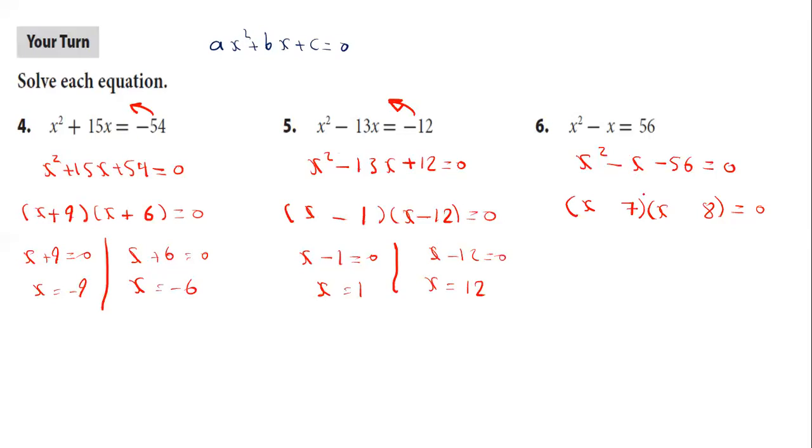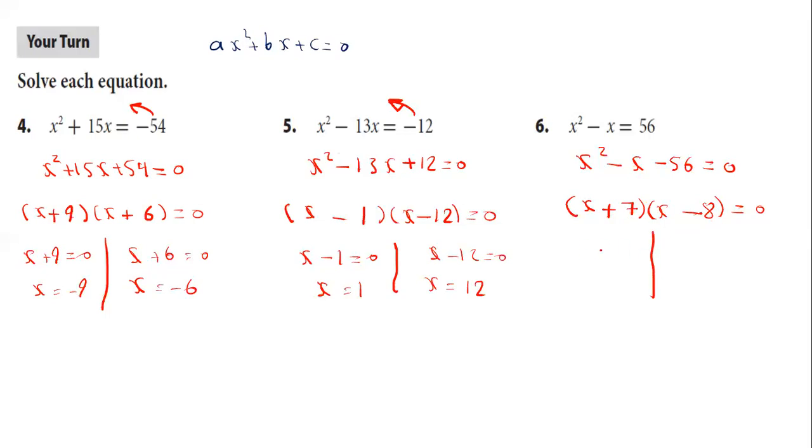Now, for the signs inside the brackets, because the sign of the last term is negative, the signs will be different, and the greatest factor will take the sign of the midterm, minus, and the other is different. 8 will take minus, because 8 is more than 7, okay?